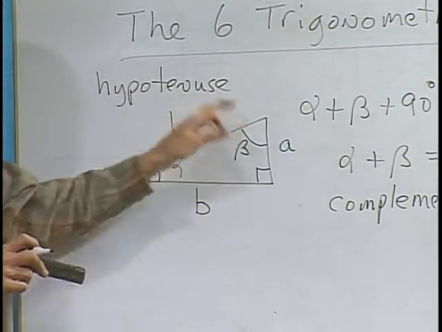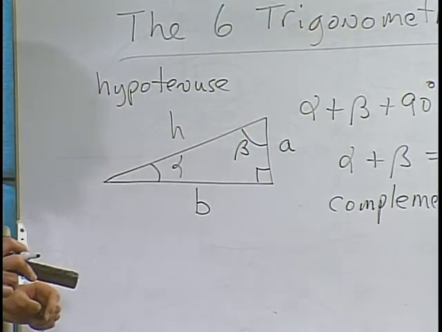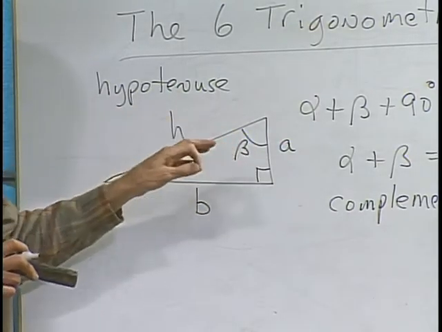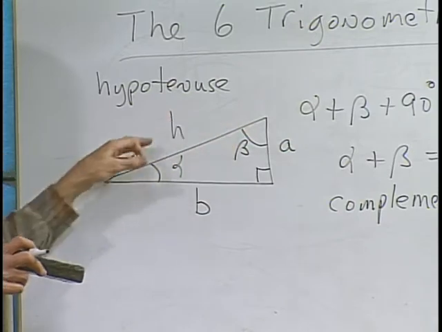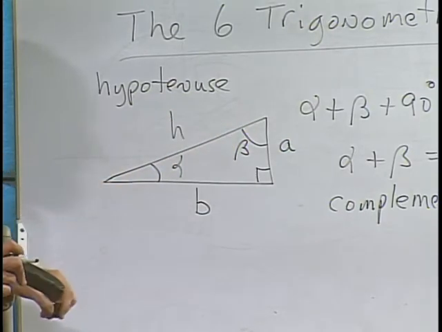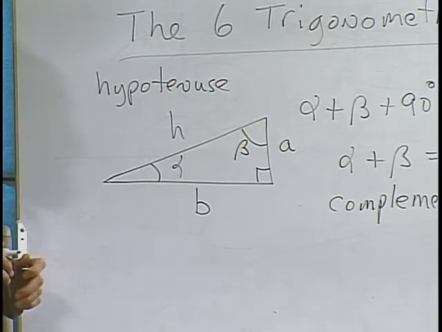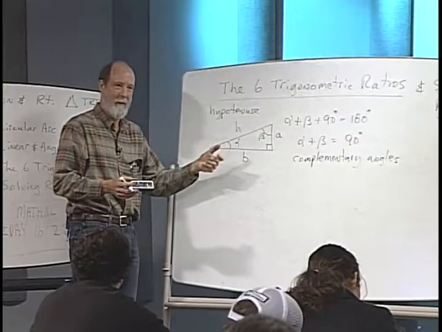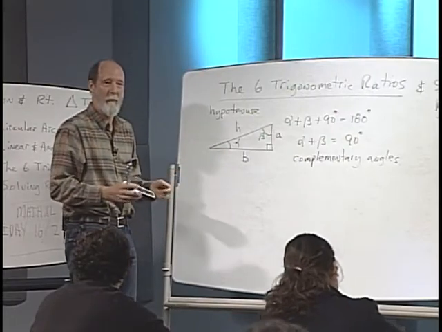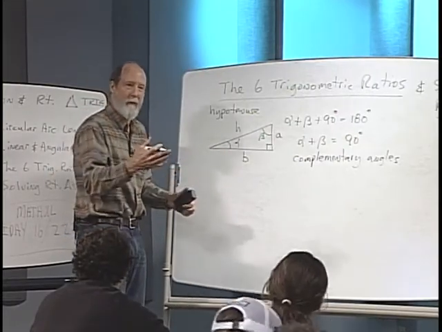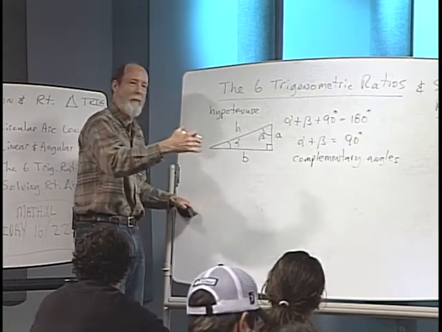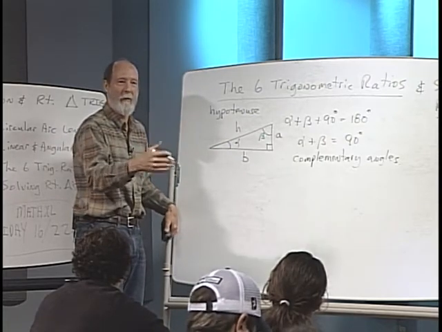There are 3 sides to a triangle. And for the right triangle, there are how many possible ratios for these 3 sides? How many possible ratios? 6. Yeah, a ratio is a fraction, right? So there are 6 possible ratios. Now the Greeks set us up to have to memorize them in a certain order.